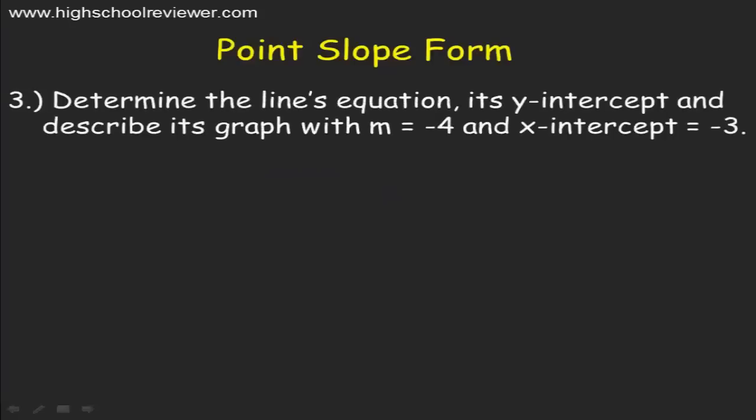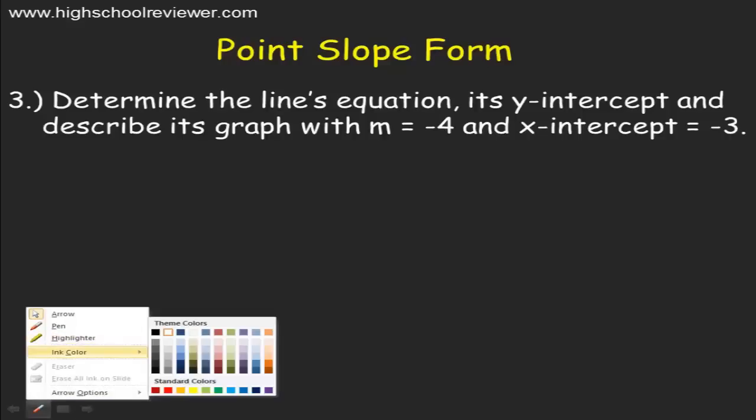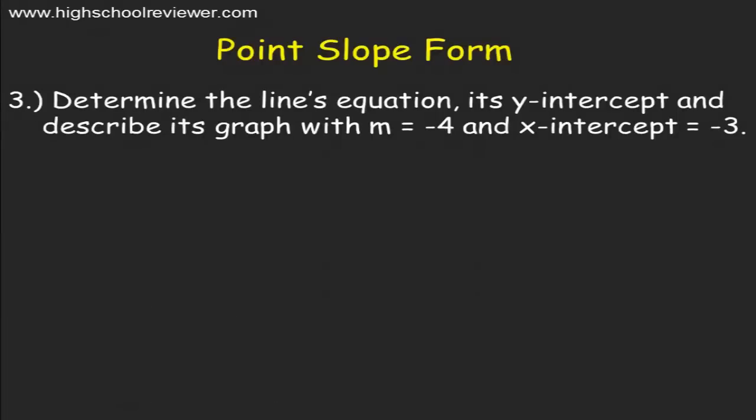Problem number 3. Determine the line's equation, its y-intercept, and describe its graph with m equals negative 4 and x-intercept equals negative 3. Okay, so we have here the given. The first given is the slope, or m. So m is equal to negative 4. And the second given is the x-intercept.